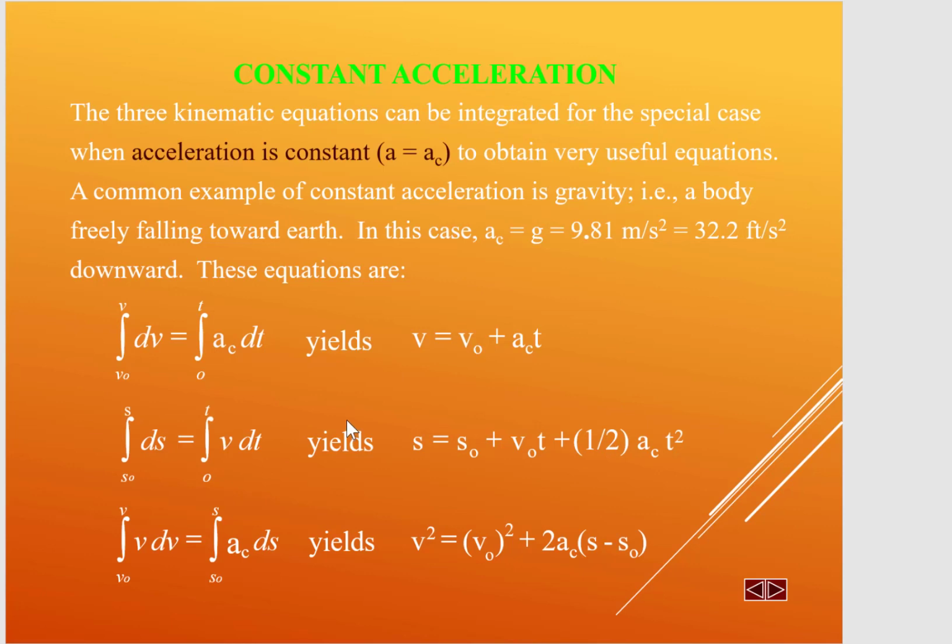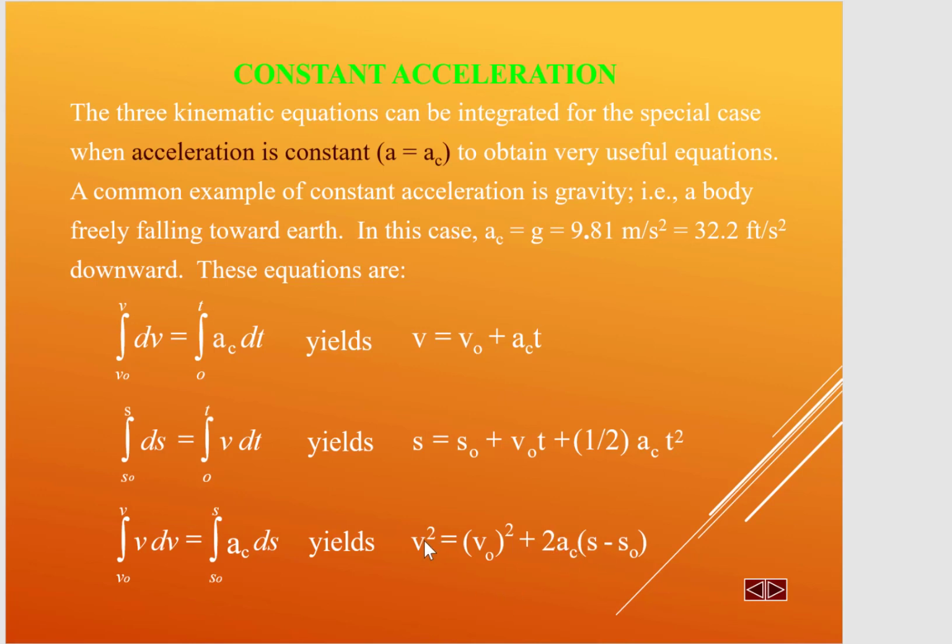Now from these two relationships, we can also extract a third relationship, which is obtained from the chain rule, and I'll talk about that some other time. That will provide us with a redundant dependent equation, I would say, where the velocity and position are related without any involvement of time.